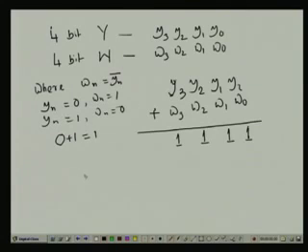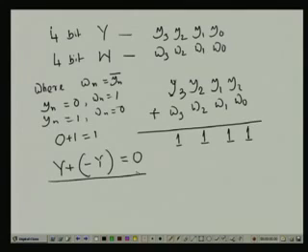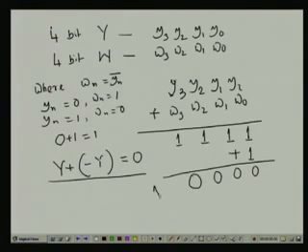Now, I want that y plus of minus y equal to 0. This should be the case. Now, if I add 1, then only it becomes 0 and a carry 1.